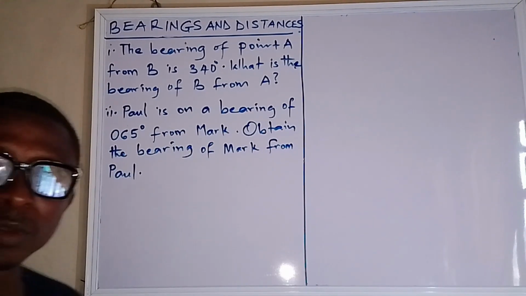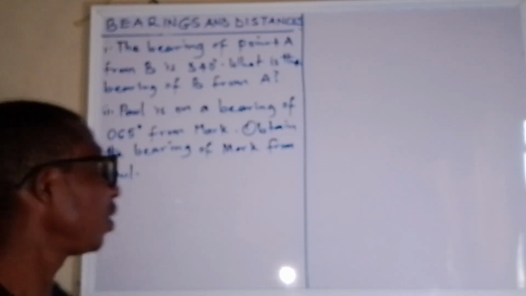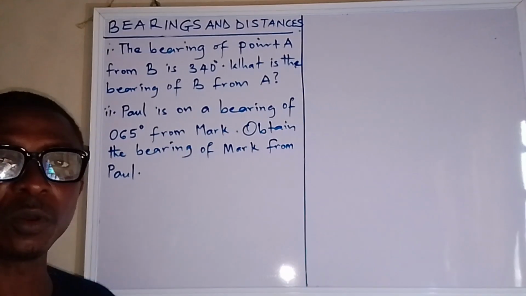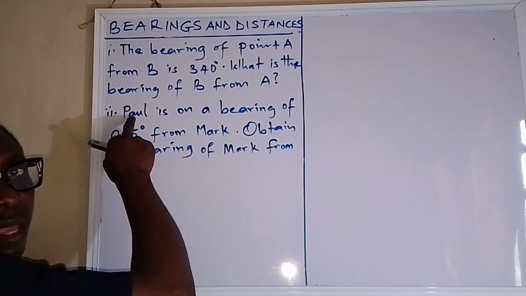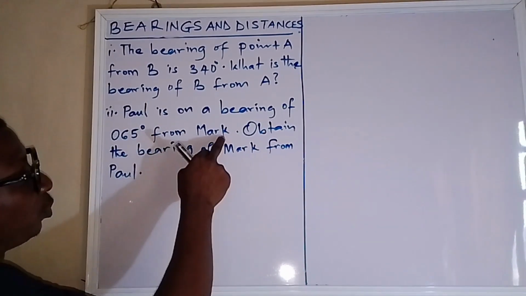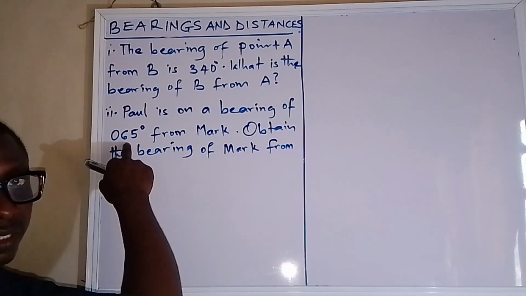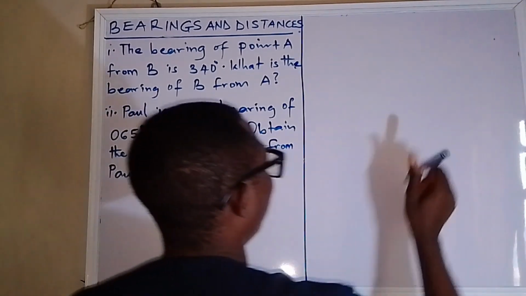So what point are we going to locate first? That is going to be Mark, because Mark will determine the position of Paul, because it's from Mark that we know where Paul is. So all we just need to do is go to Mark and take a reading of 65 degrees.